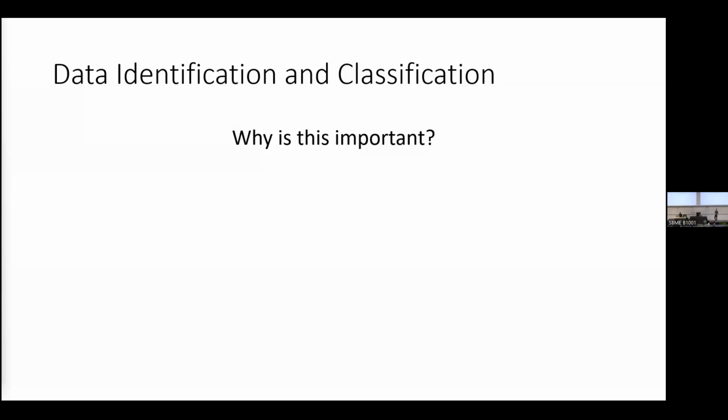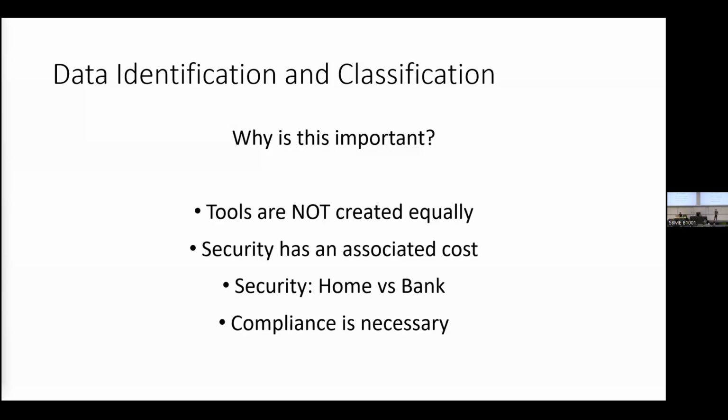So first off, I want to start with why it is important to do it. Well, first thing is, like I was saying, we have so many things happening at UBC and so much research in different fields that it's important that we have different kinds of classification to make sure that the proper security controls are applied to the data that we're working with as researchers. And also, of course, tools are not created equally.